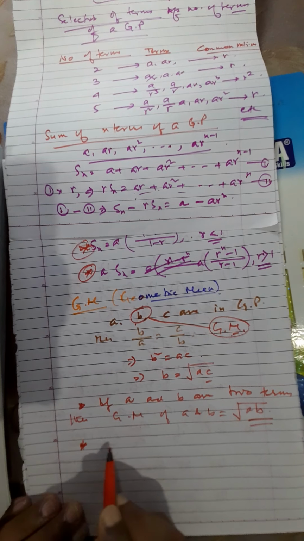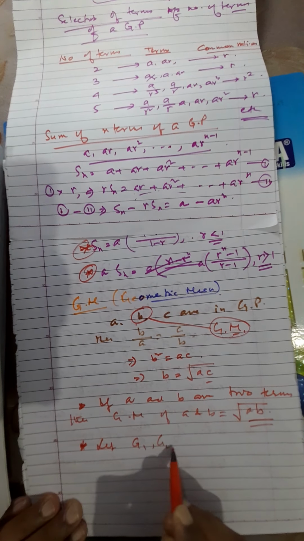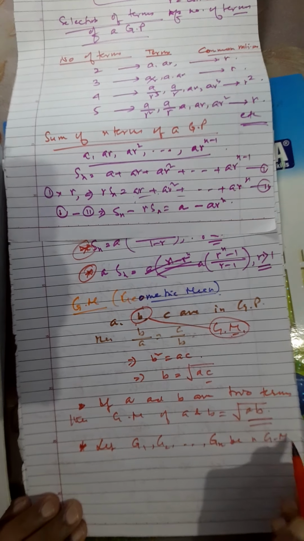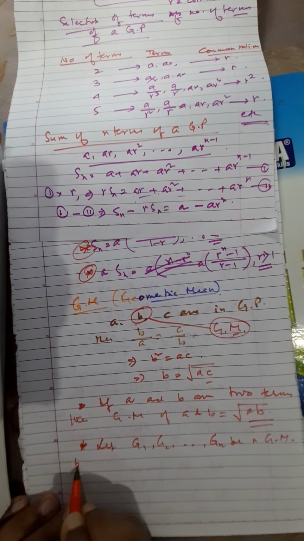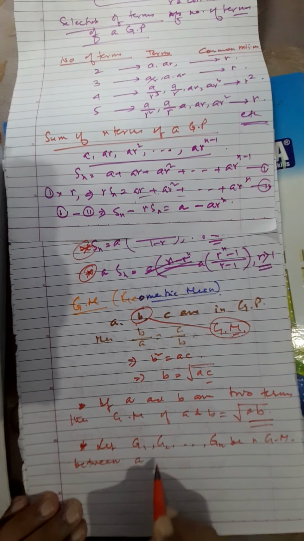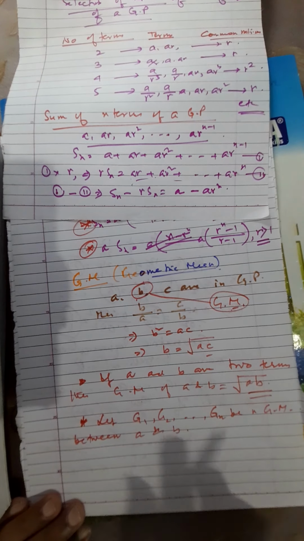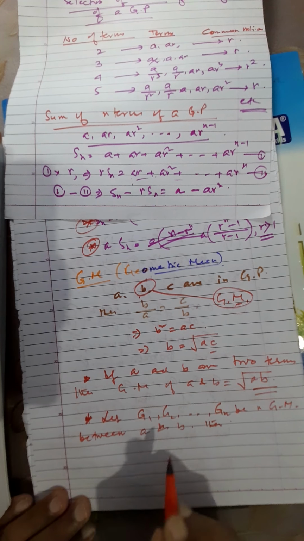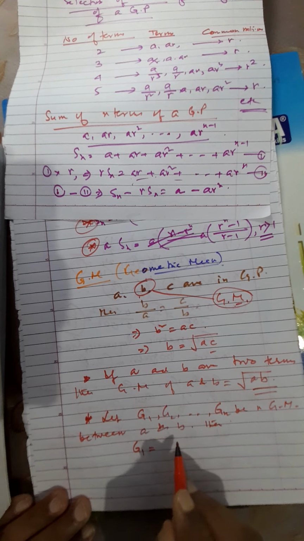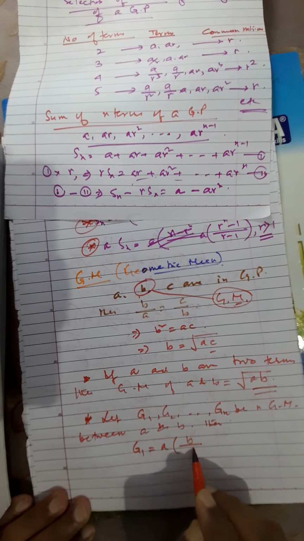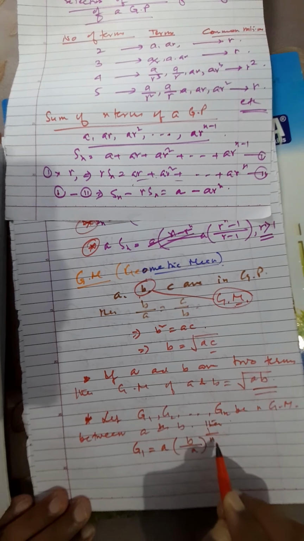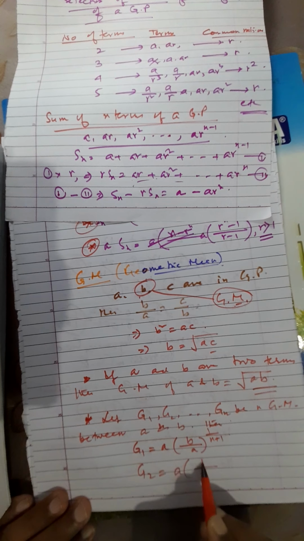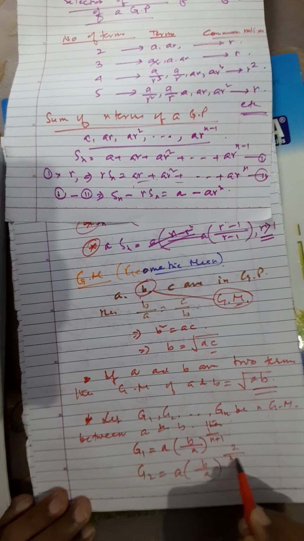Let G1, G2, dot dot dot Gn be n geometric means between two numbers a and b. Then G1 is equal to a into b by a whole to the power 1 by n plus 1. G2 is equal to a into b by a whole to the power 2 by n plus 1.